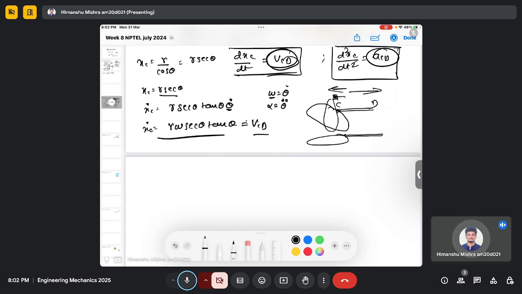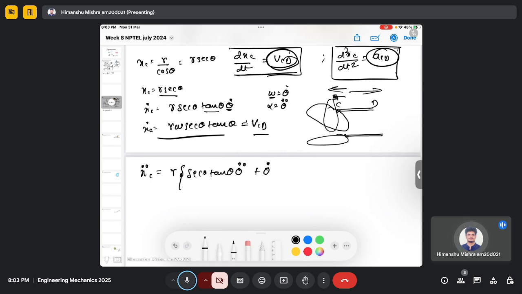So if you again take a time derivative of this, you will get x double dot c equals r times sec theta tan theta theta double dot plus theta dot.